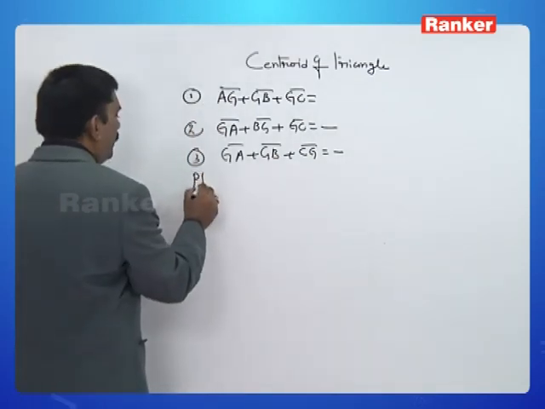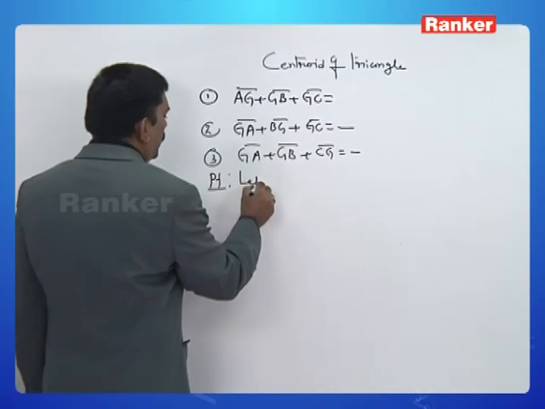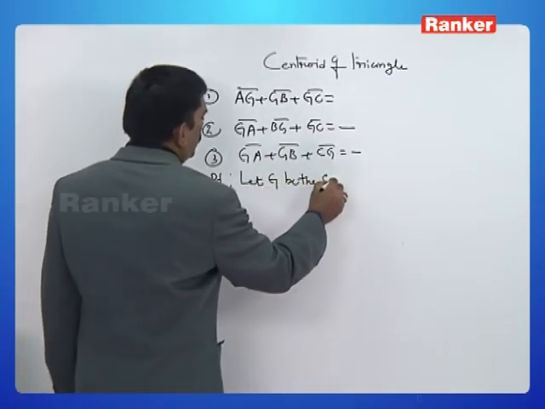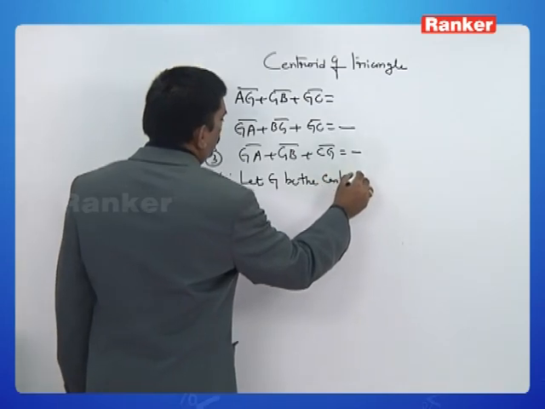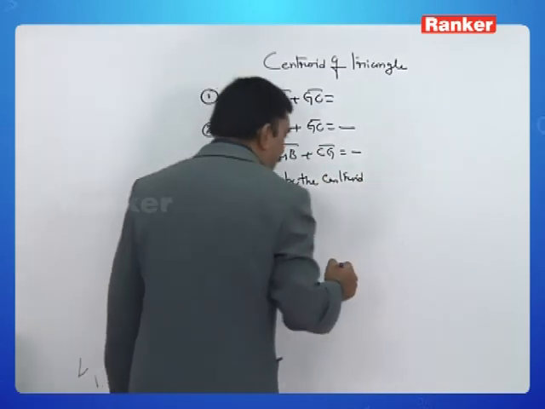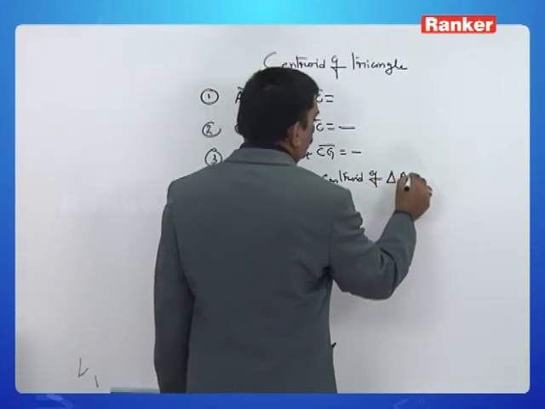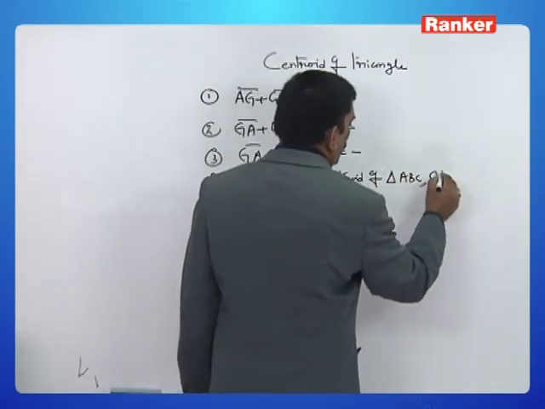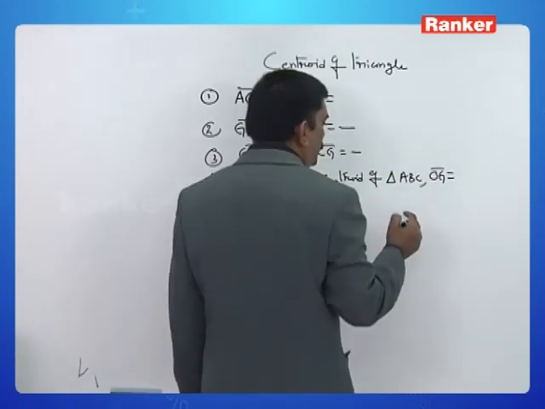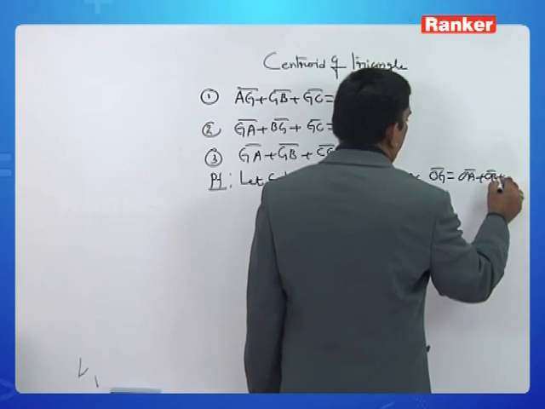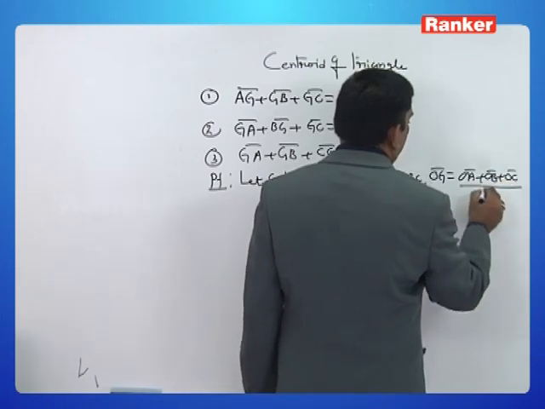Now, let G be the centroid of a triangle ABC. Therefore, OG bar is equal to OA bar plus OB bar plus OC bar by 3.